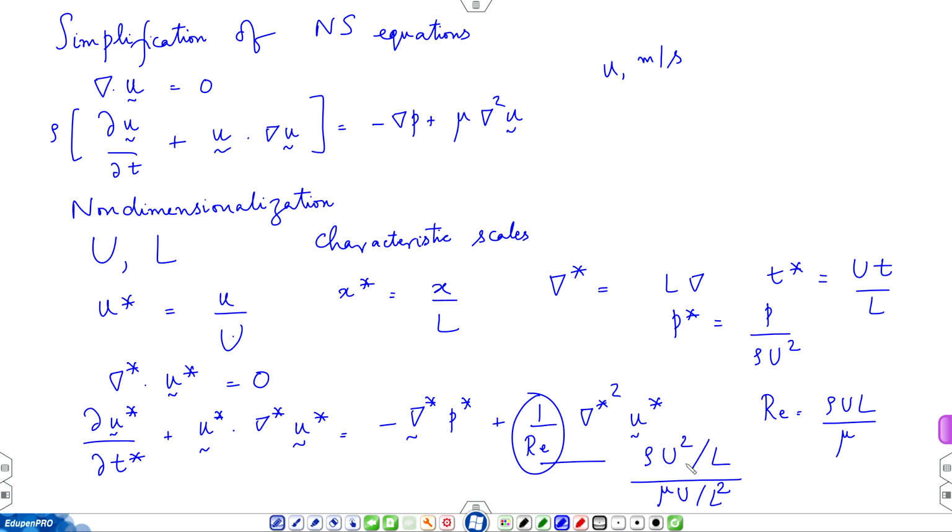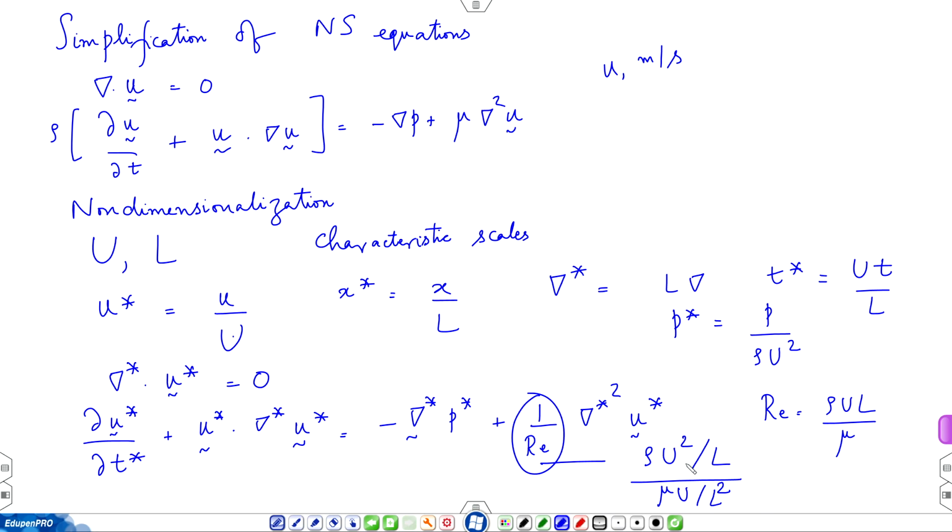This rho u square over L comes from the left hand side, and mu u over L square comes from the viscous stresses term, mu del square u. This del square will become del star square divided by L square. Okay. U is capital U. So, it is the ratio of these two which gives rise to Reynolds number, rho u L over mu.